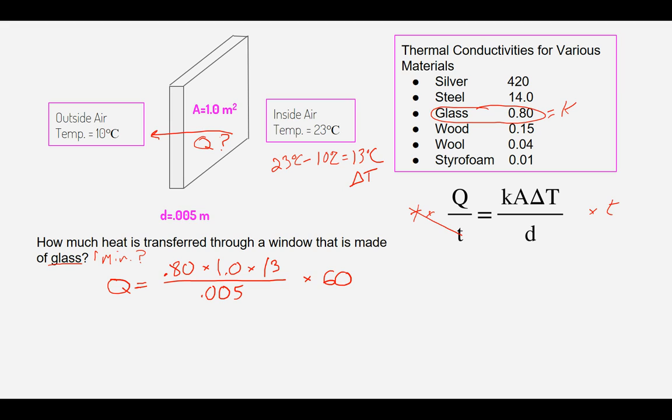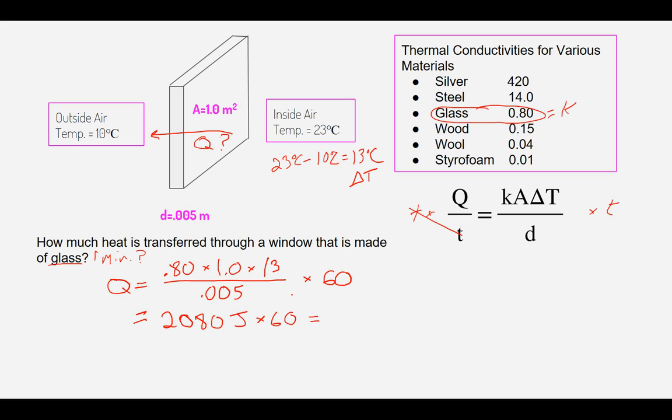Now I'm going to divide that by 0.005, and I basically get 2,080 joules. And I'm going to multiply that by 60 to see how much energy that would be in a minute. And that's going to be a big number.